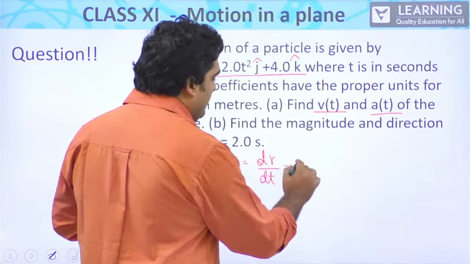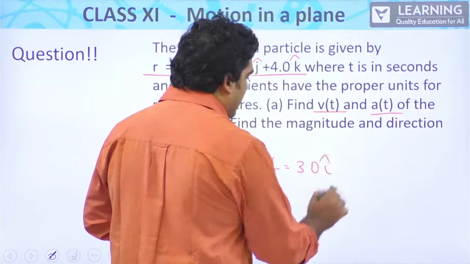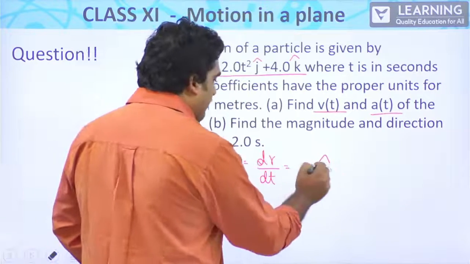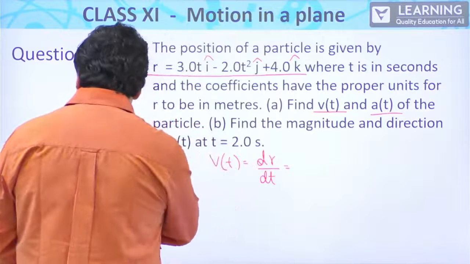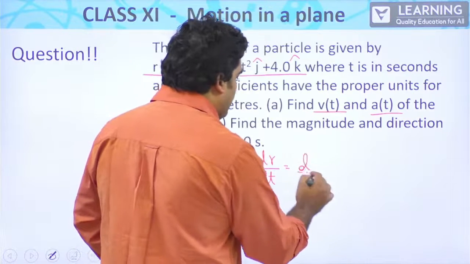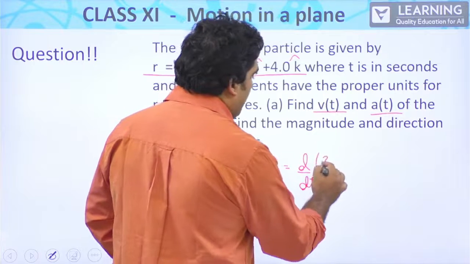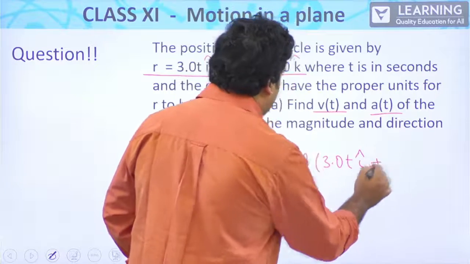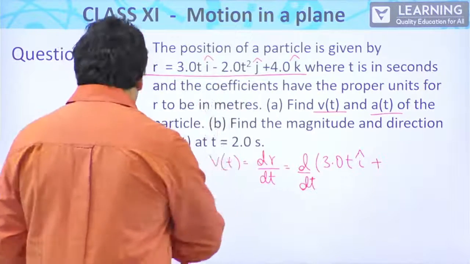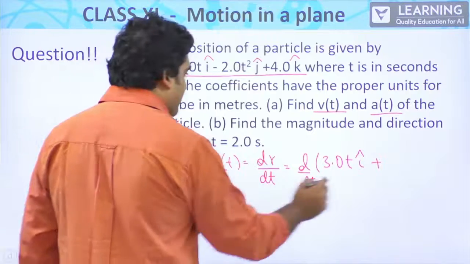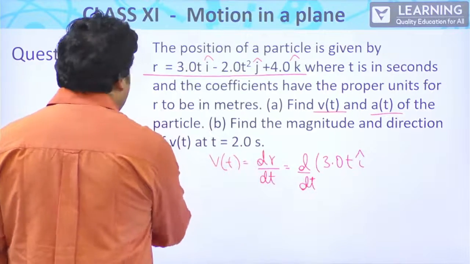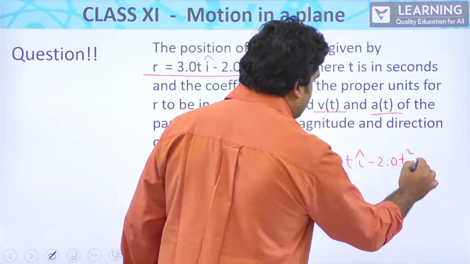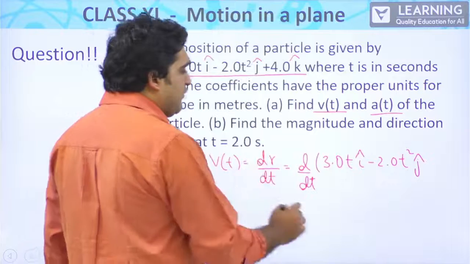So you have 3t, so it becomes 3 i cap. I'm trying to write the answer directly, I will avoid doing that. I will guide you step by step. d by dt of 3.0 t i cap minus 2.0 t square j cap plus 4.0 k cap.